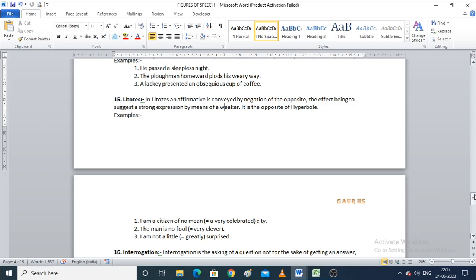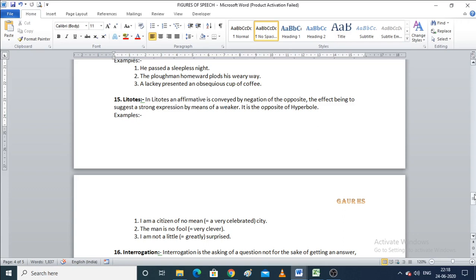When we say "Don't think that she is a fool," we used a negative sentence, right? We used don't, which is do not think that she is a fool. Now, what is the meaning of this sentence? That she is very clever, right? But we didn't say that she is clever. We said do not think that she is a fool.